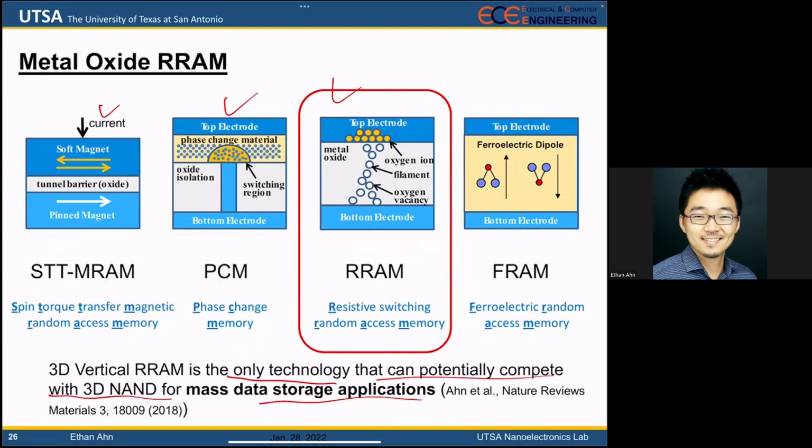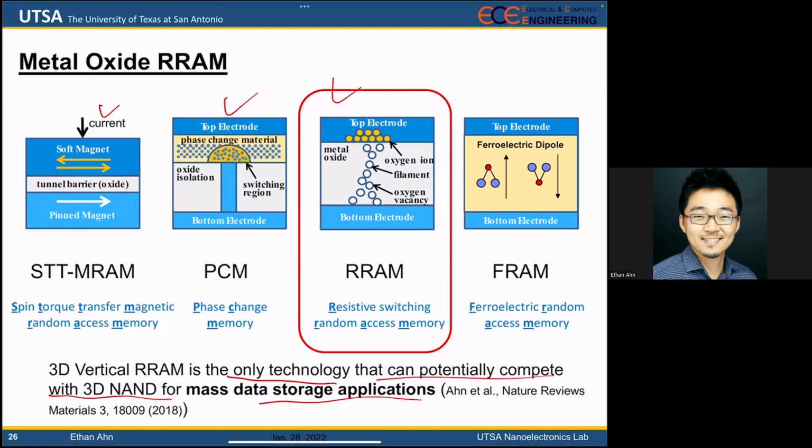The other emerging memories can be fast and energy efficient, they are all good. But when it comes to mass production and coming into reality, there is always the question of how cost effective it is. So we have to think about this issue.